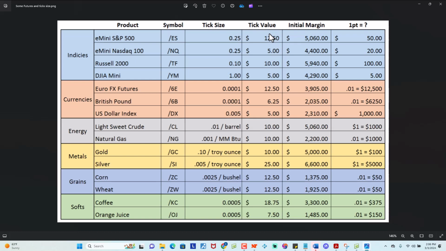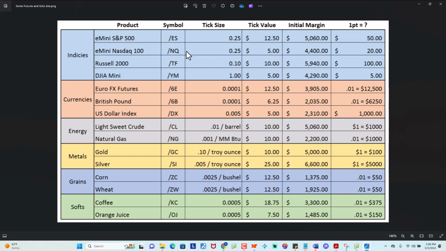In the ES, 4 ticks equal 1 point. So if 4 ticks equal 1 point, that means the 12.50 times 4 equals $50. So for every 1 point, let's say ES moves from 4,000 to 4,001, that's 1 point, so you would make $50 for that move.